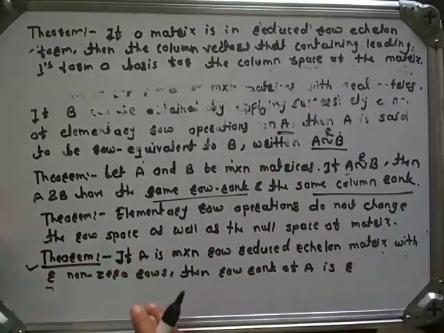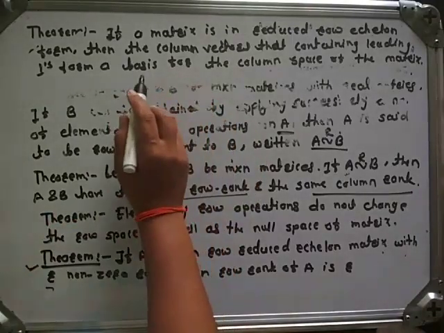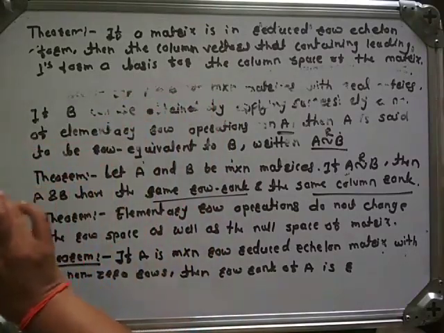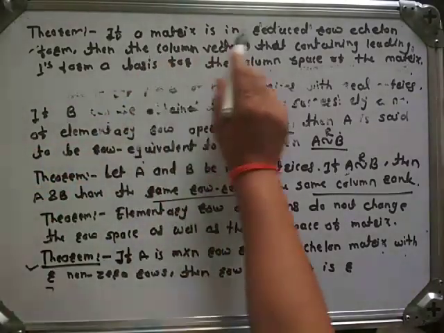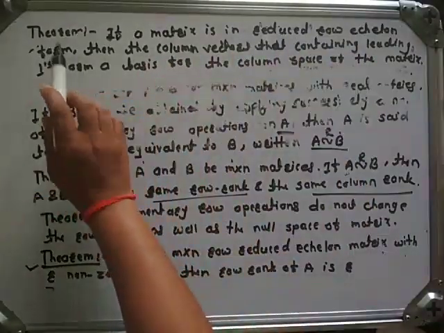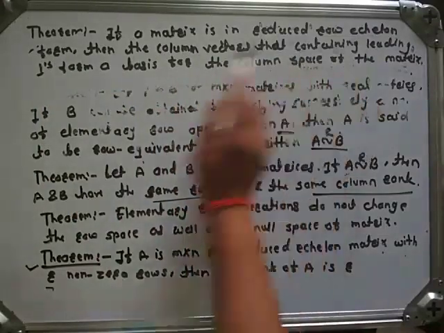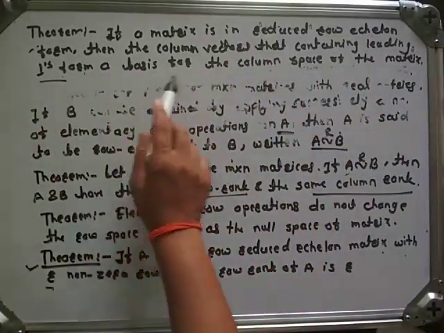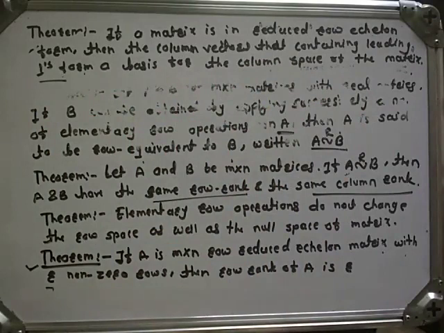Column space of the matrix. Okay. If a matrix is in reduced row echelon form, then the column vectors containing a leading one form a basis for the column space of the matrix.